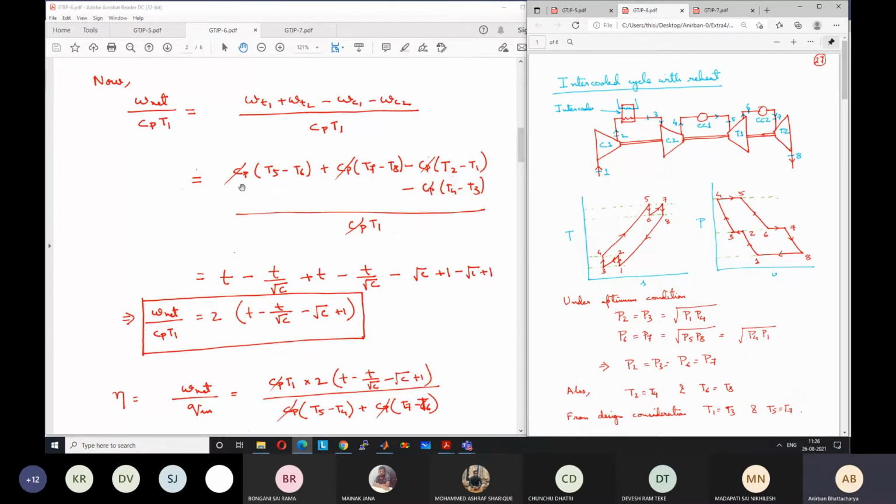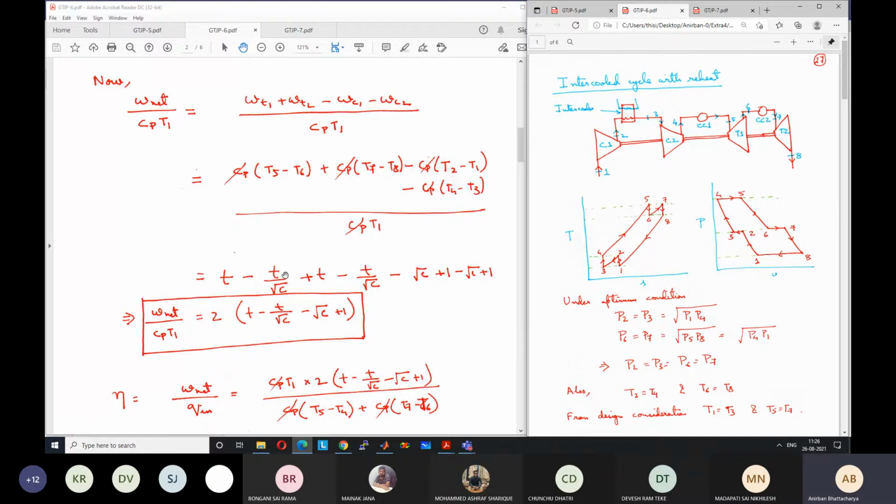By this time, we are very familiar with how to do this simplification. So T5 by T1 is equal to T, the temperature ratio. T6 by T1 is T5 by T1 into T6 by T5.